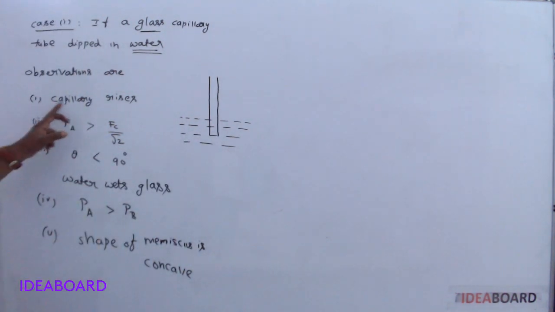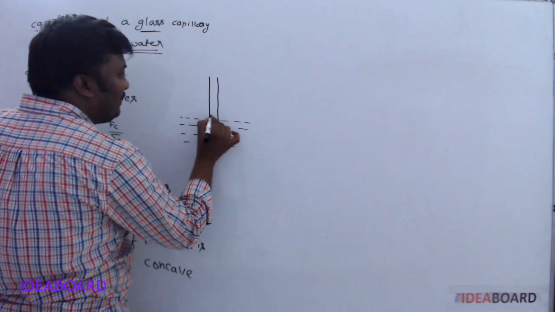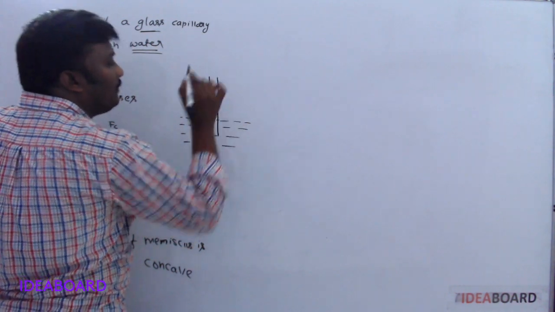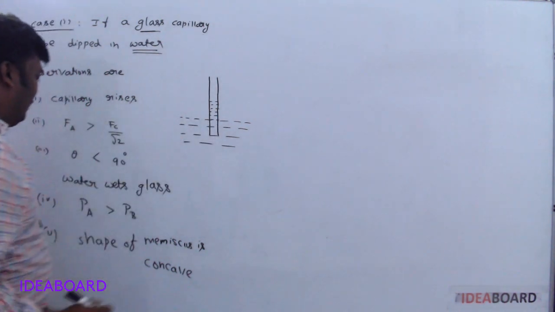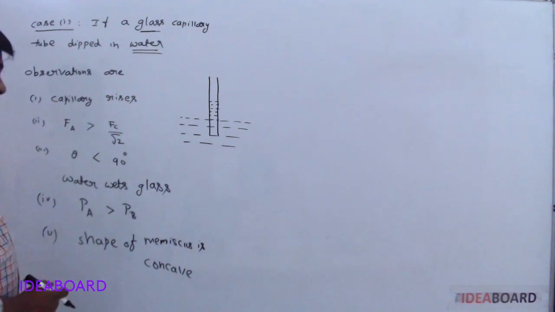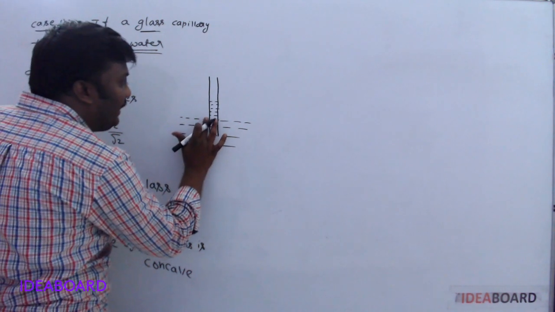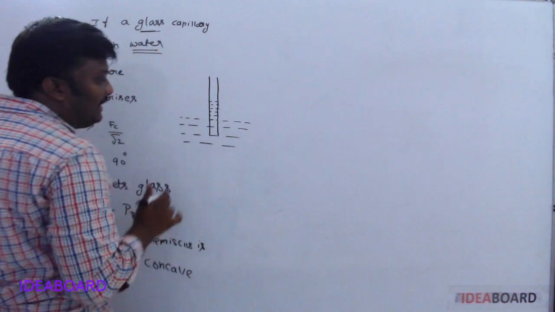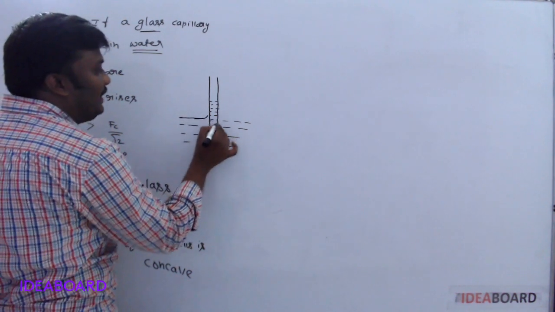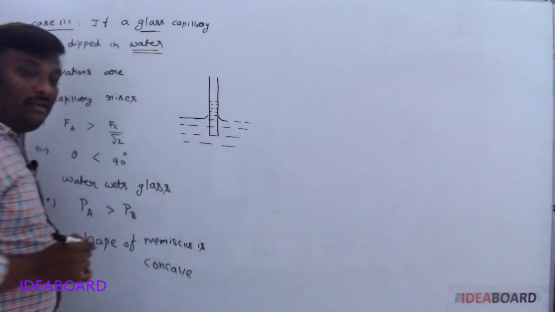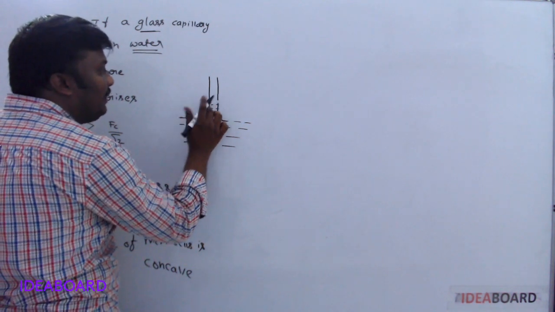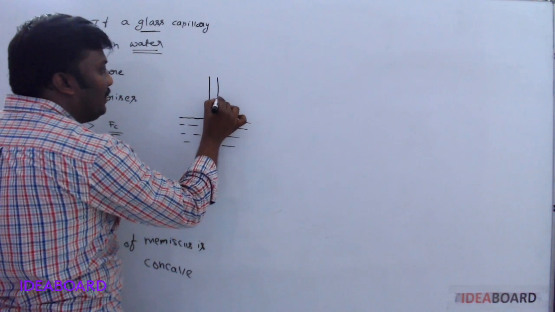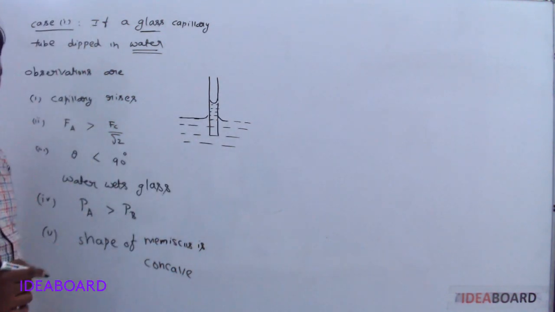The first point says the liquid rises in the capillary. The second point says adhesive forces are more than the cohesive forces, that's why it happens. The angle of contact is less than 90 degrees, so at the point of contact with the surface, the shape of the meniscus is concave. Here also, water with water, the meniscus is concave.